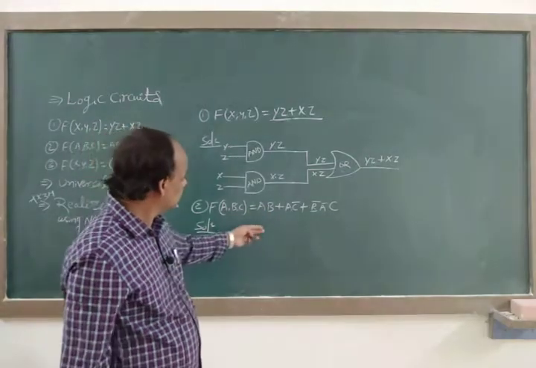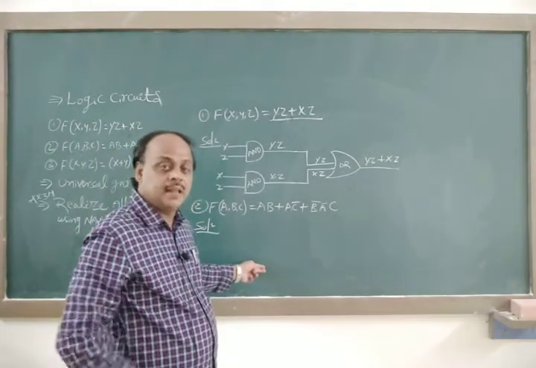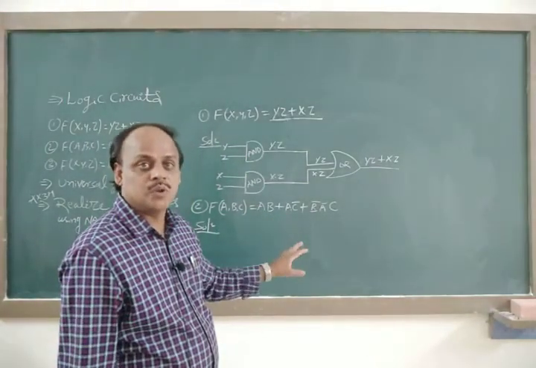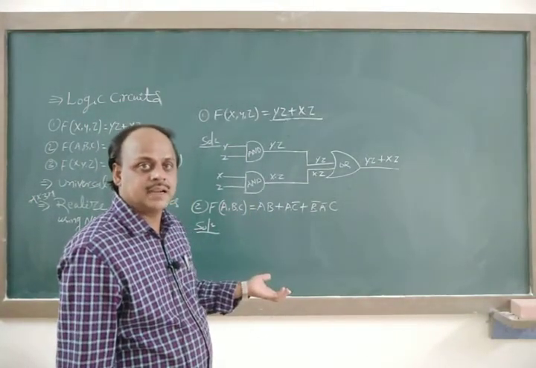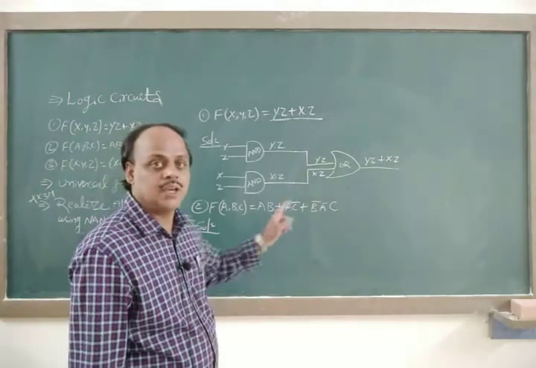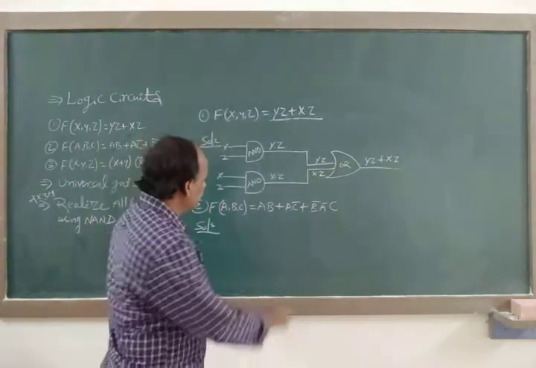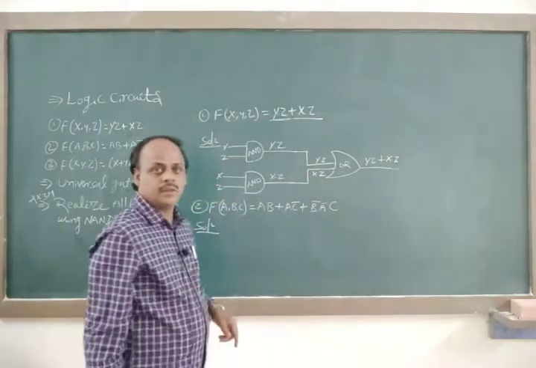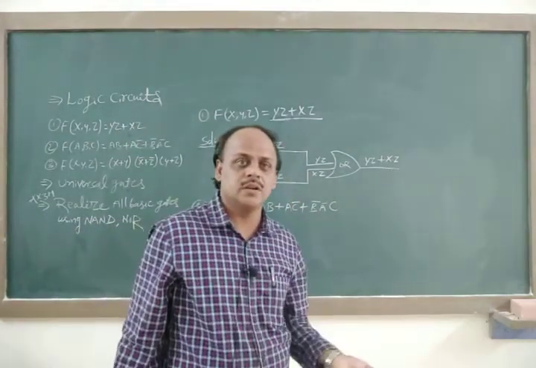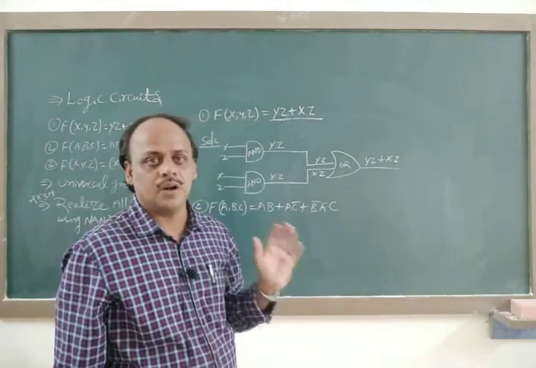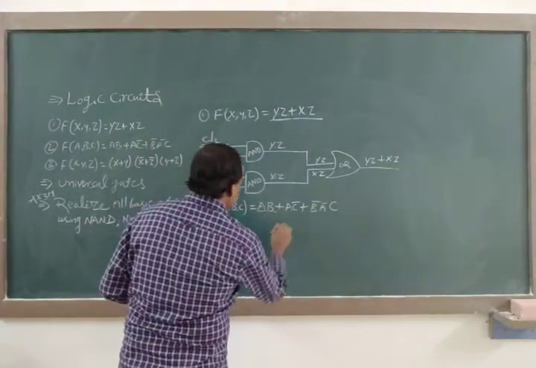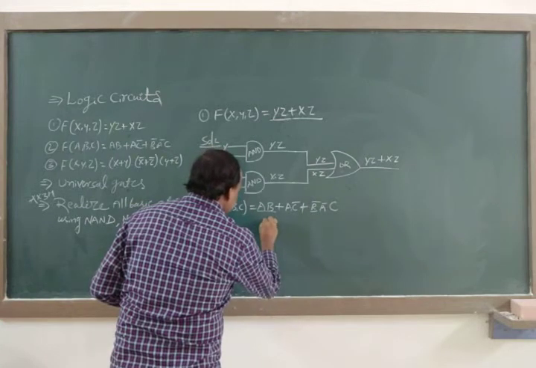Therefore we have to take 3 individual AND gates, and afterwards we have to take the outputs of all the 3 AND gates and pass them to the OR gate, because between each term logical addition is going on. When logical addition is going on we have to consider an OR gate. See here, first term a into b, so therefore I take one AND gate.